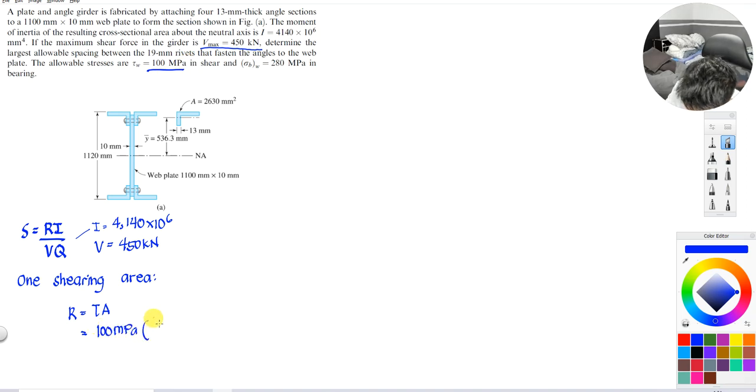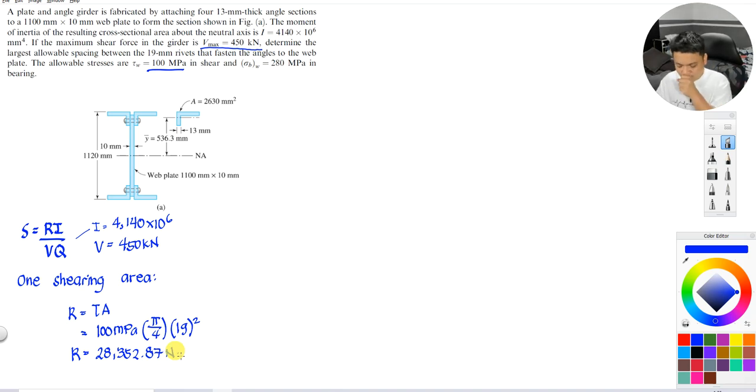Okay? And then area natin, pi over 4 multiplied by ilan? 19 squared. Okay, so you have now the R. So that's 100 times pi all over 4 multiplied by 19 squared. So you can have it as 28,352.87. Again, this is in Newton.